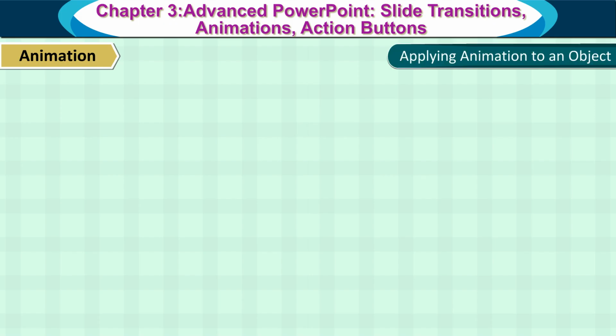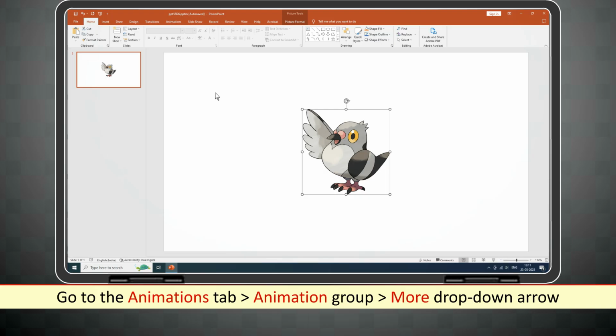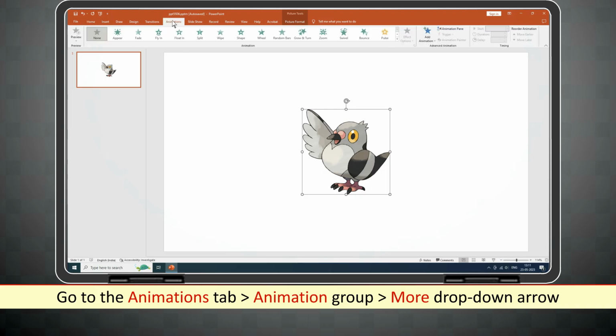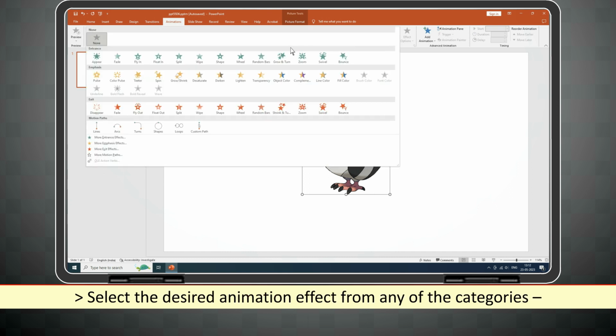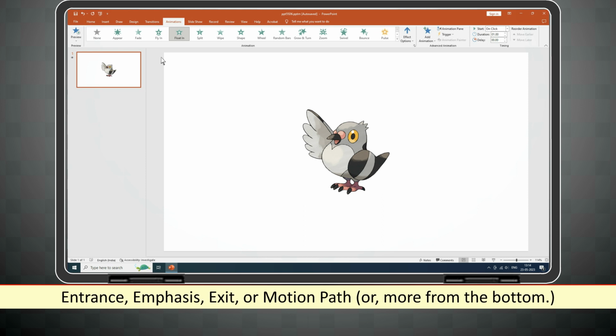Applying animation to an object. Select the desired object, image, text box, table, etc. Then do the following. Go to the Animations tab, Animation Group, More drop-down arrow. Select the desired animation effect from any of the categories: entrance, emphasis, exit, or motion path, or more from the bottom.